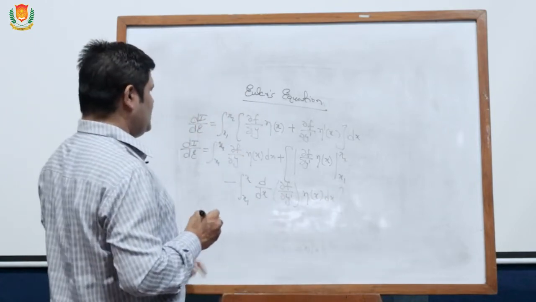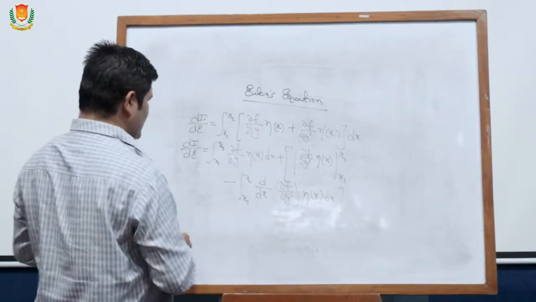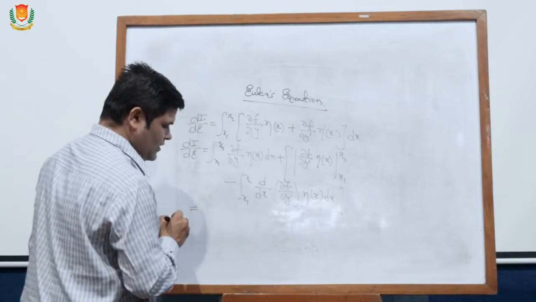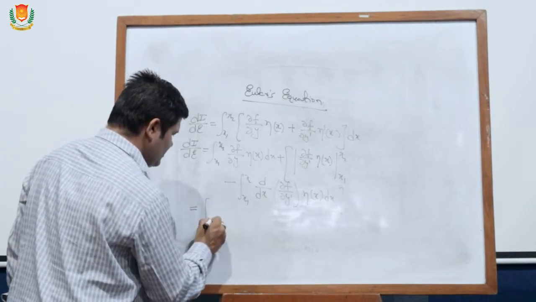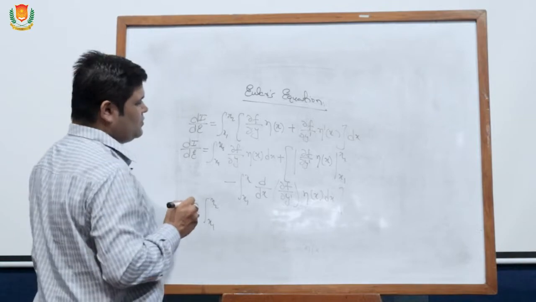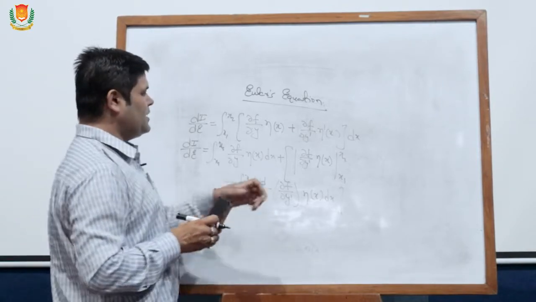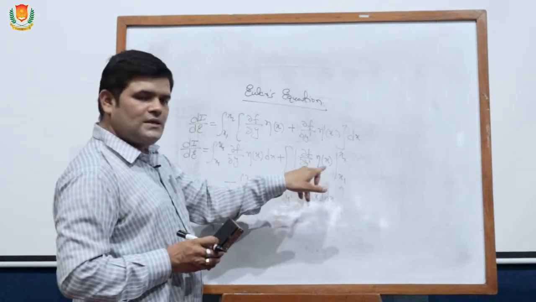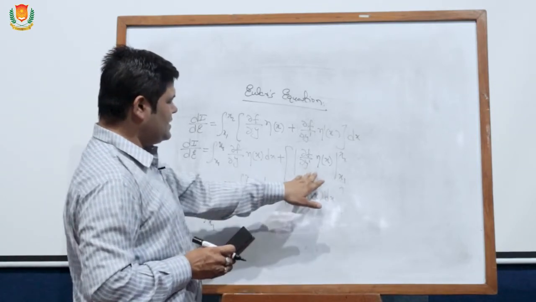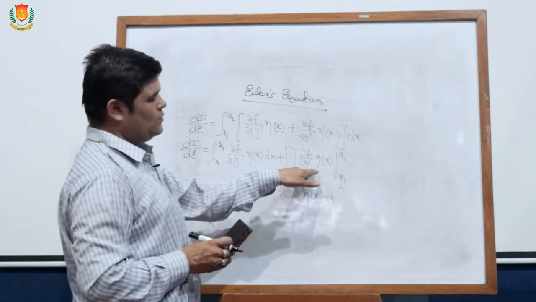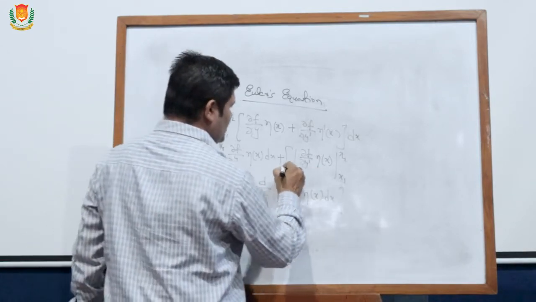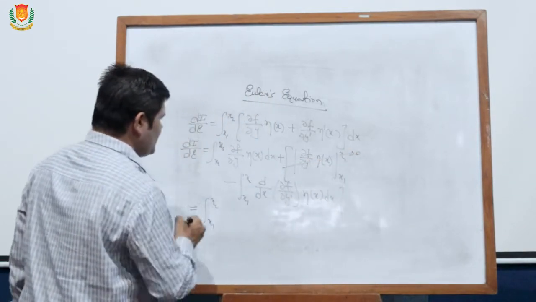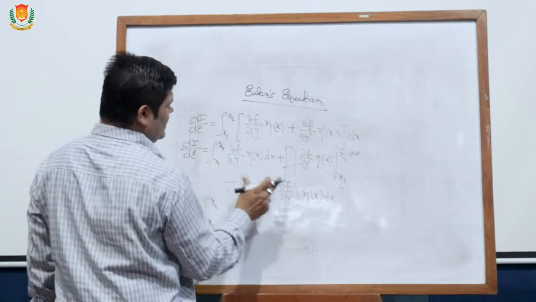Okay, we have this equation, and after that what we have? At these points we have eta x1 and eta x2 are 0. So this complete equation goes to 0. So we only have this part and this part.